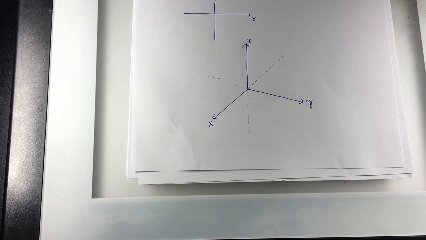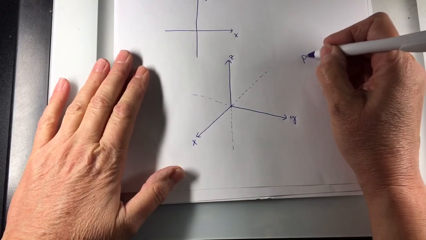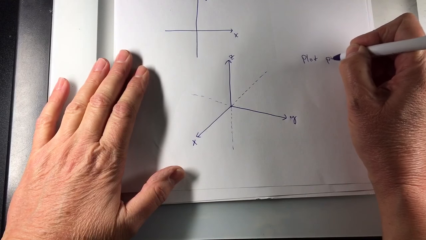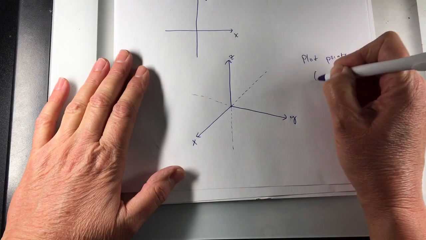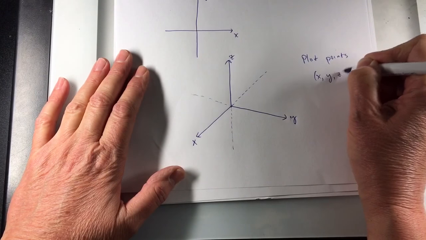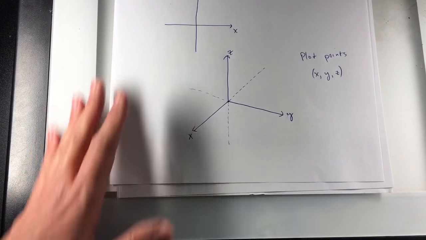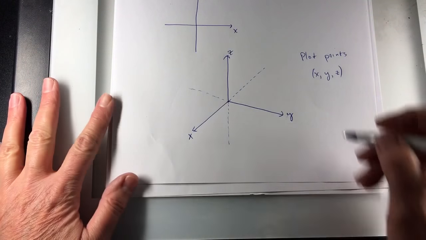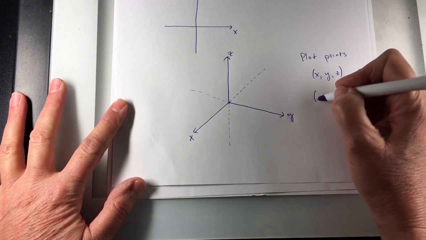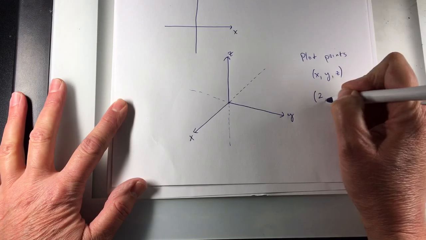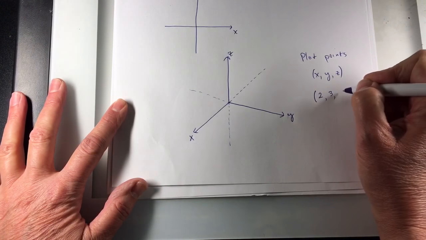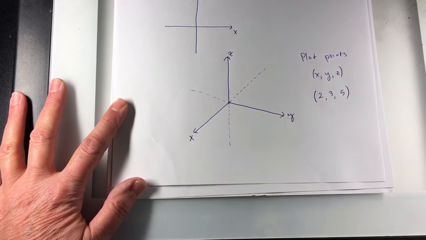And then we want to plot points. Well, we don't have the pair. The pair is if we're doing x, y. So now we have x, y, z. So we'll plot points x, y, z.